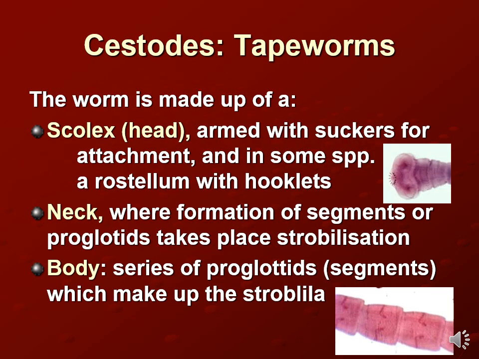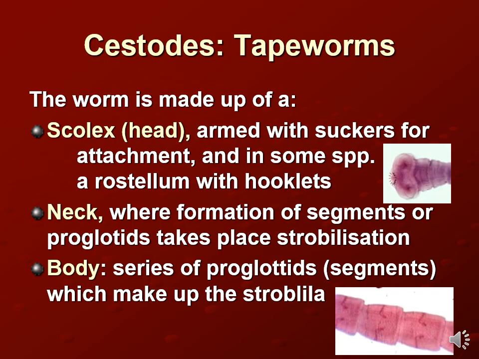So the cestodes or tapeworms: the worm is made up of a scolex or head. It can be armed with suckers to attach to the intestinal mucosa, and in some species a rostellum with hooklets. We shall see pictures of those.